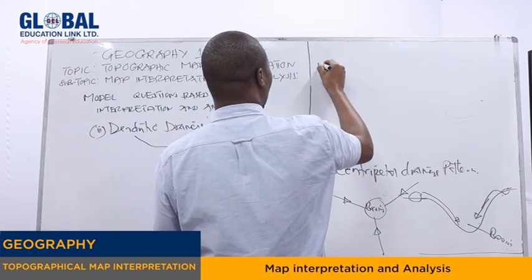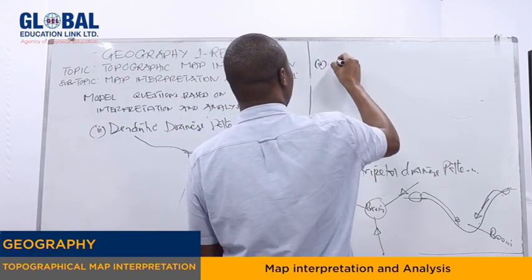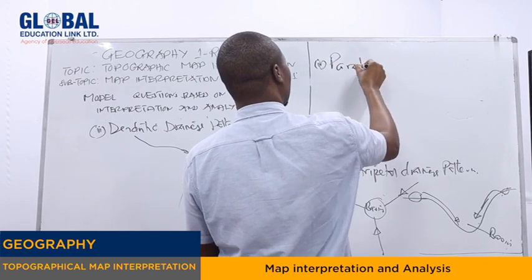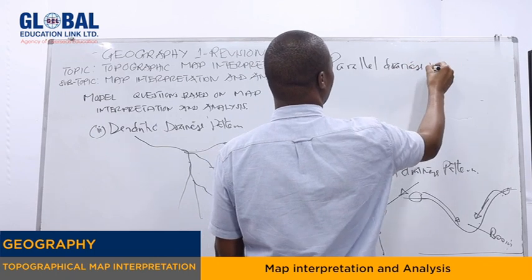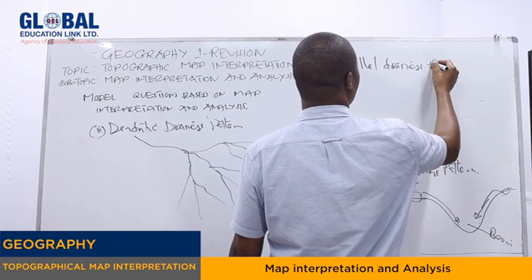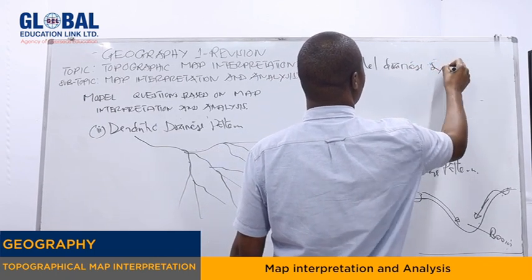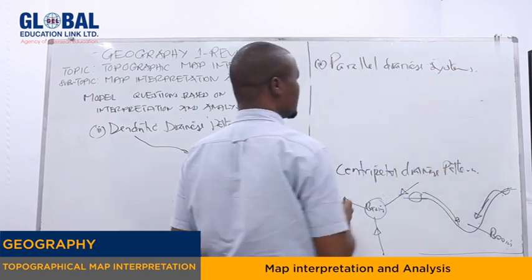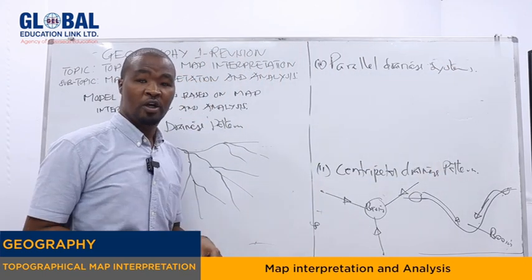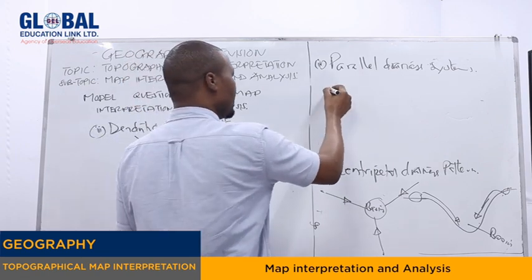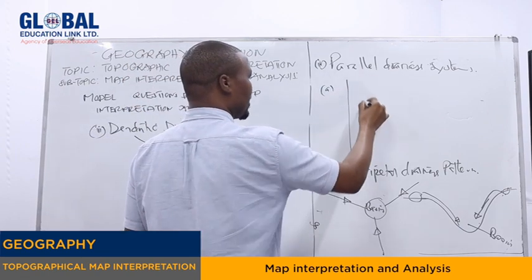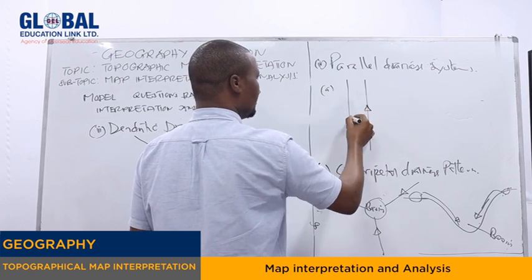We have what we call the parallel drainage system. In the parallel drainage system, you find two rivers flowing parallel, either in the same direction or in different directions.